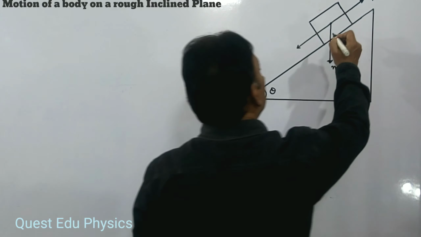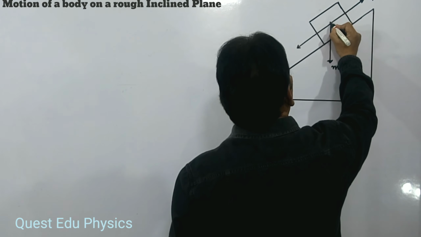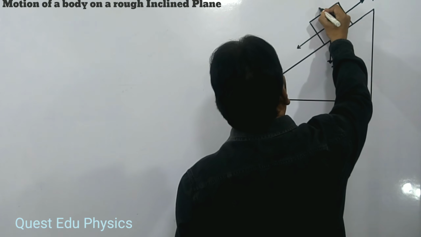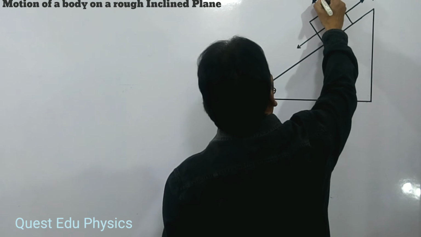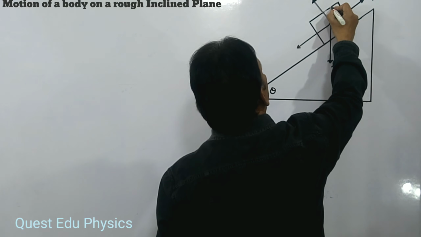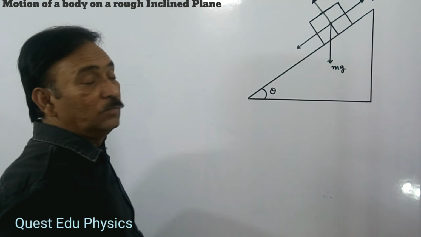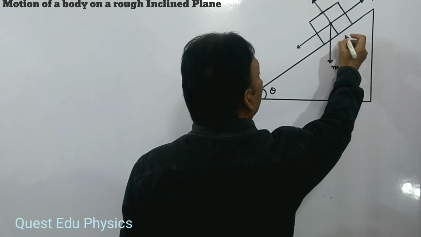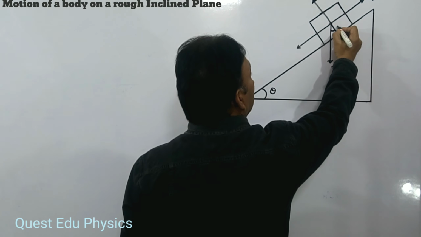Before that, you have learnt a force will act downwards, and it is the direction of the normal reaction. Okay, students, it is the normal reaction. Now we are resolving the weight into components. Here it is theta, and automatically it is equal to theta.